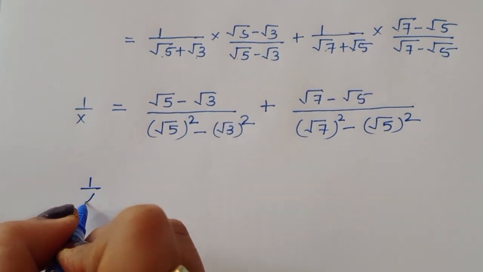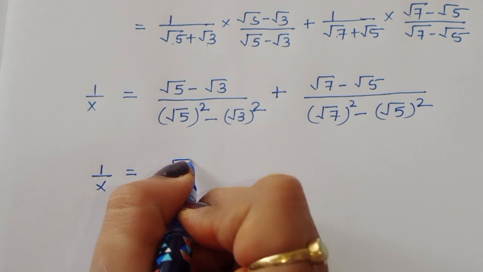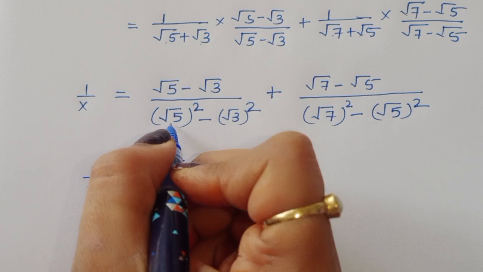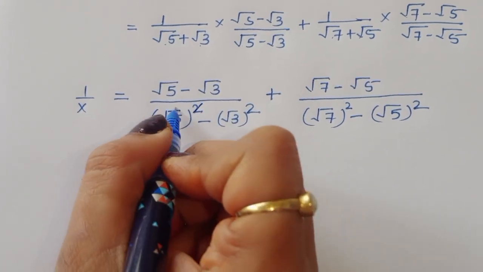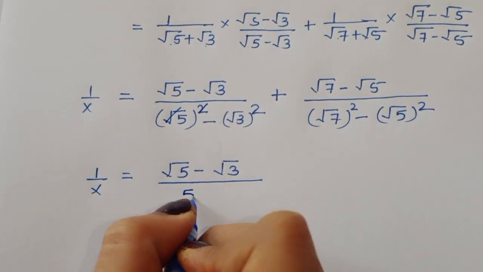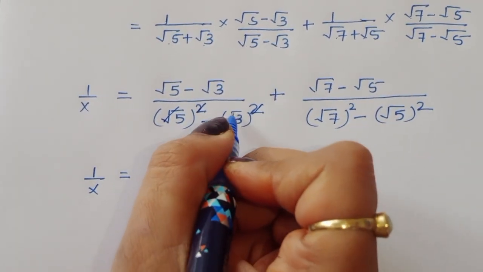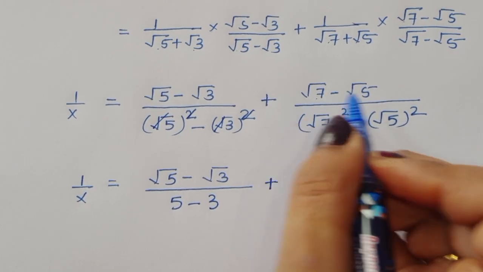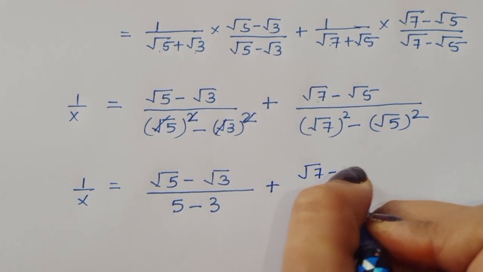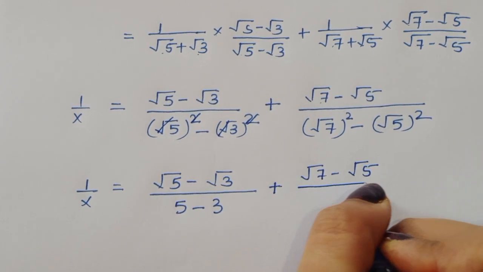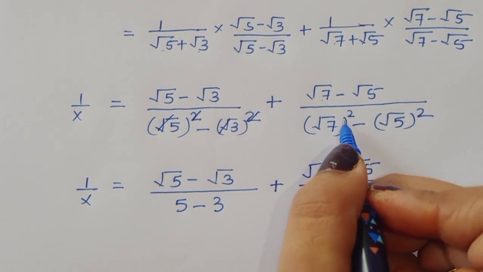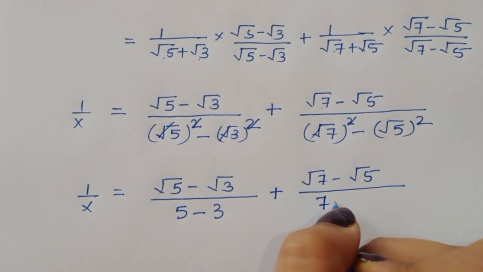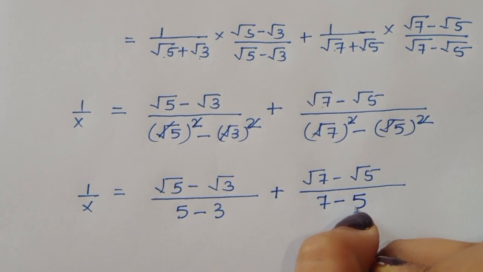Now 1 upon x is equal to square root of 5 minus square root of 3 divided by 5 minus 3, since the squares cancel with the square roots, plus square root of 7 minus square root of 5 divided by 7 minus 5.